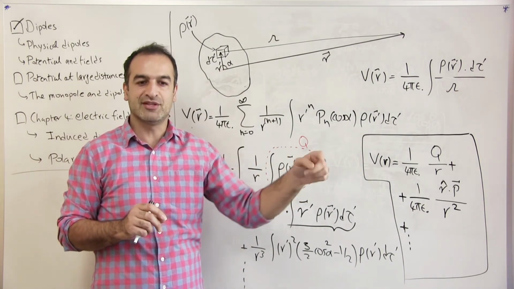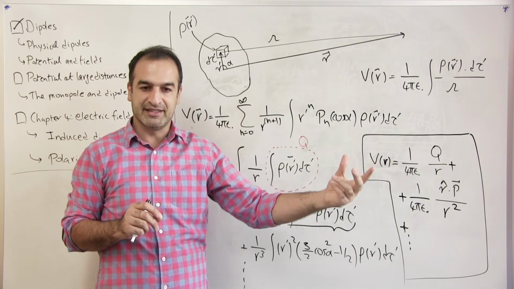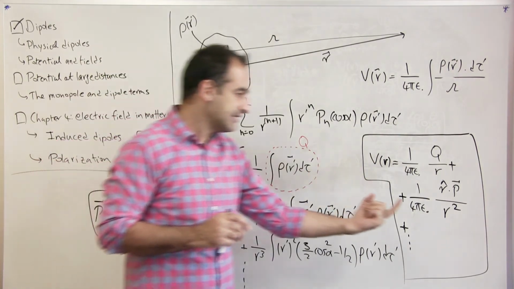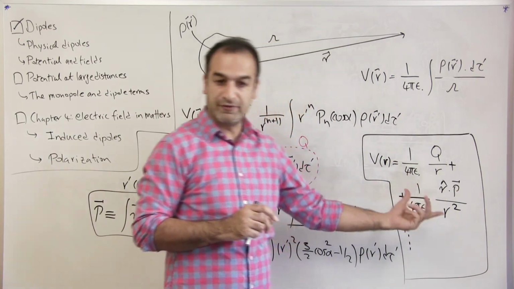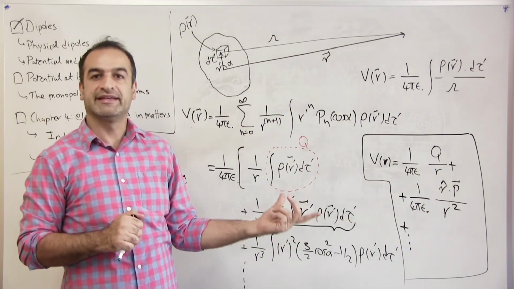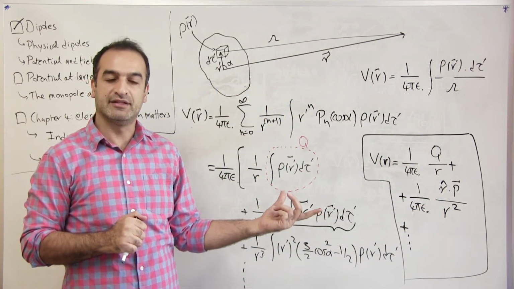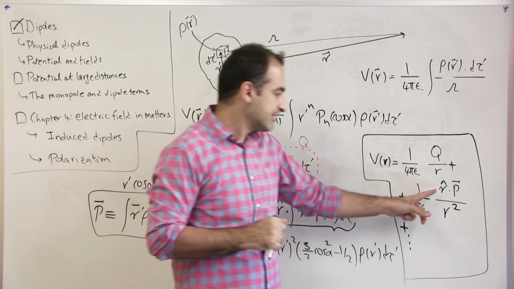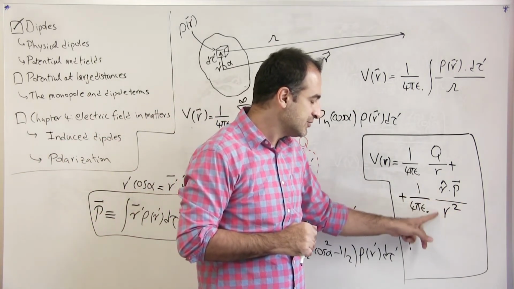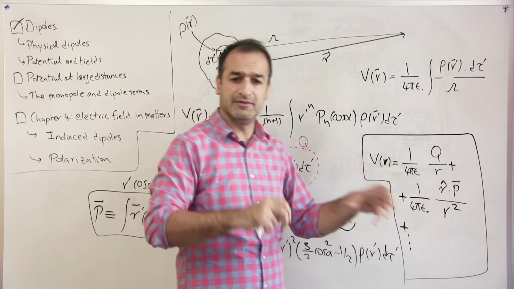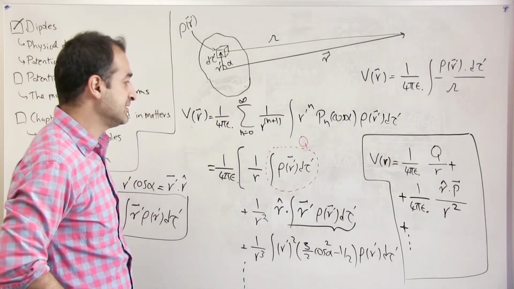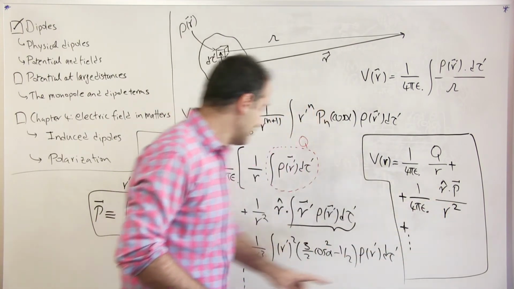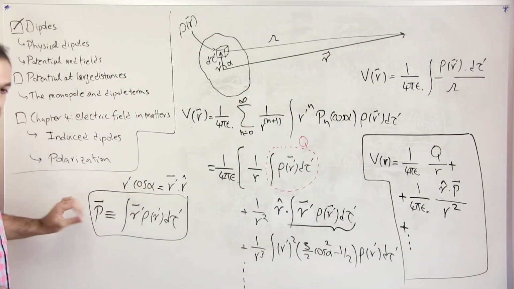Those dipoles make it a little more accurate, and then we can calculate a second term, which is very similar to the potential of a dipole: R dot P divided by R squared. This decreases as 1 over R squared, the same way the dipole potential decreases, and P, the dipole moment, can be calculated based on this.